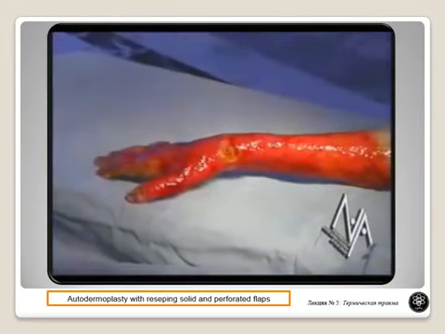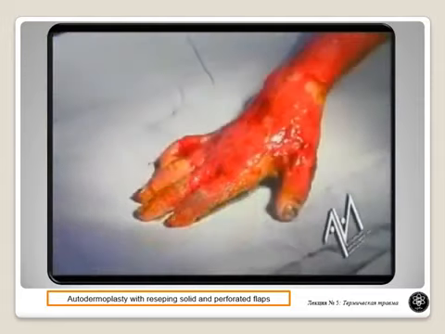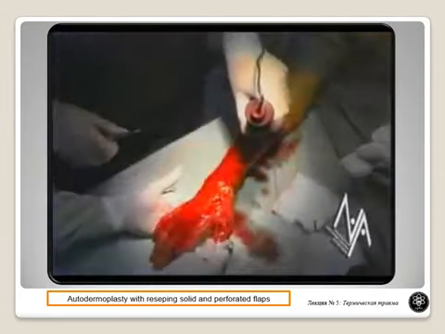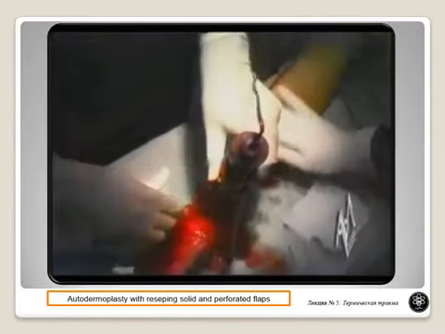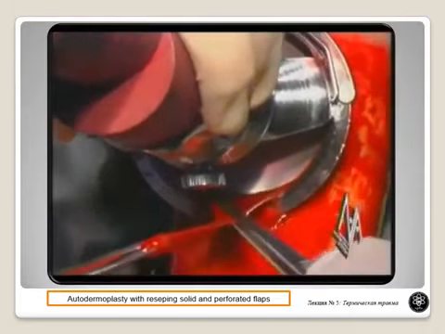After the burn, there are sluggish wounds of the hand and forearms. Tangential sections of sluggish granulating forearm wounds with an electrodermatome with a DS60 nozzle.